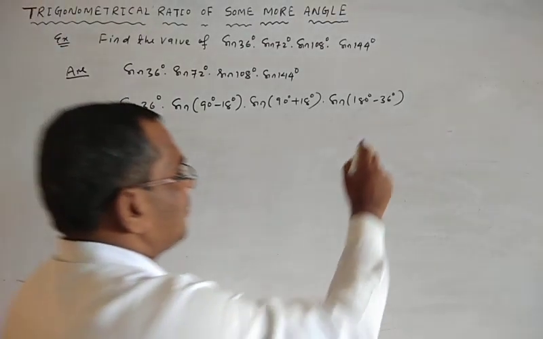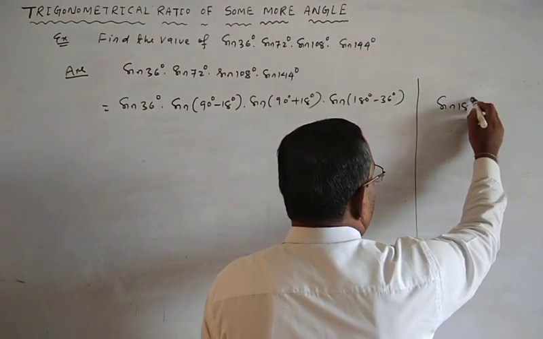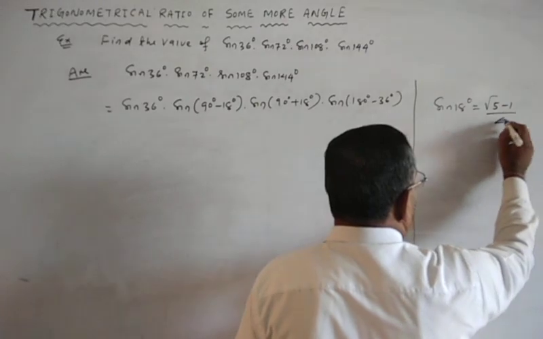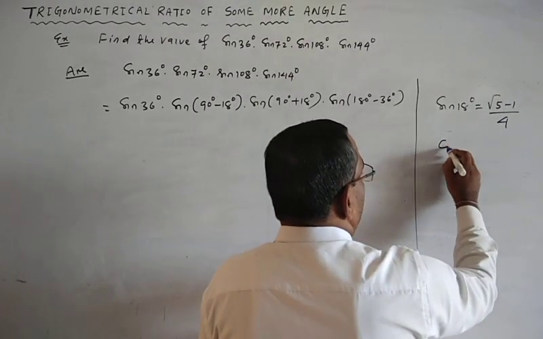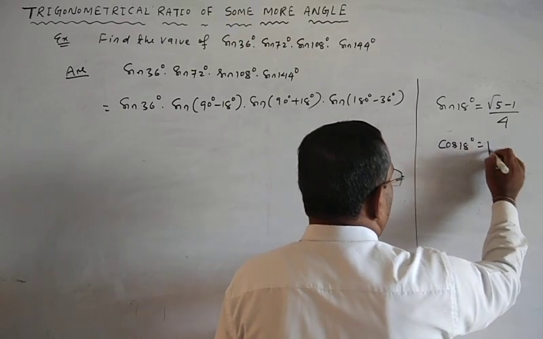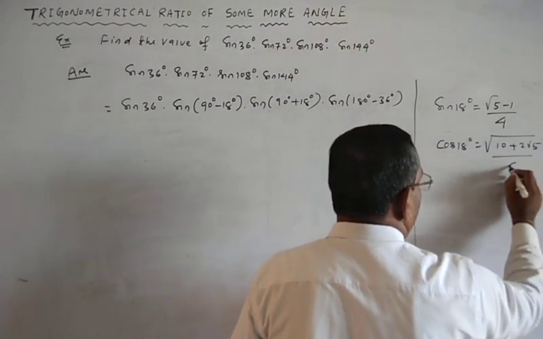So you remember all four things. Sin 18 degree is equal to root 5 minus 1 by 4, and cos 18 degree is equal to root of 10 plus 2 root 5 by 4.